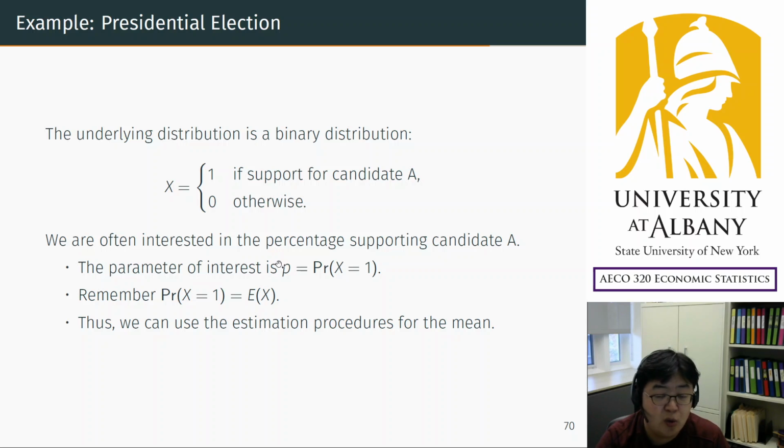So you may say the parameter is the mean. We are interested in the mean, or equivalently, the probability of success. It does not matter, they are the same thing. So we can use the estimation procedure, which is the confidence interval, for the mean. We developed the confidence interval for the population mean and apply that here in the same way because probability equals mean.